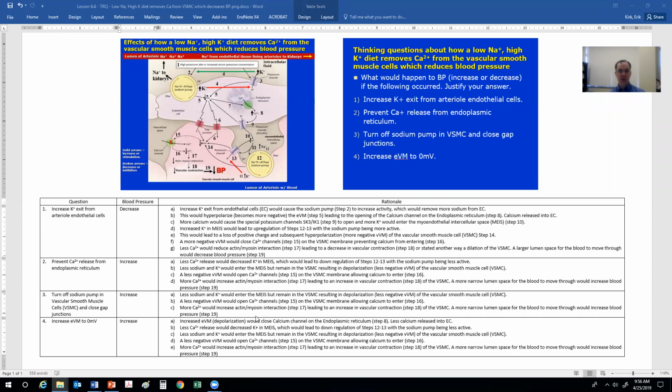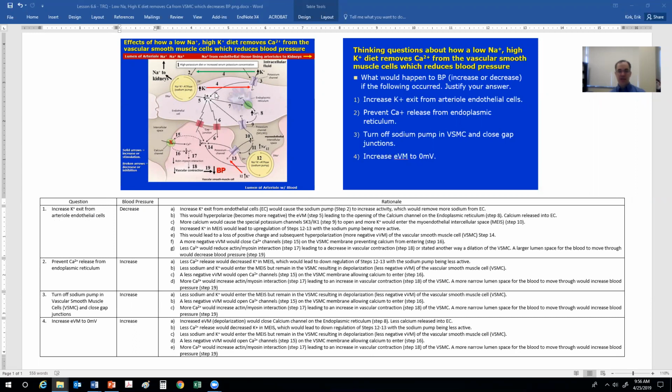So the first question is what would happen to blood pressure if you increase potassium exit from the arterial endothelial cells? The result would be a decrease in blood pressure. And the reason for that is you would have a loss of potassium. More potassium would leave, causing the sodium pump to turn even greater, causing more sodium to leave.